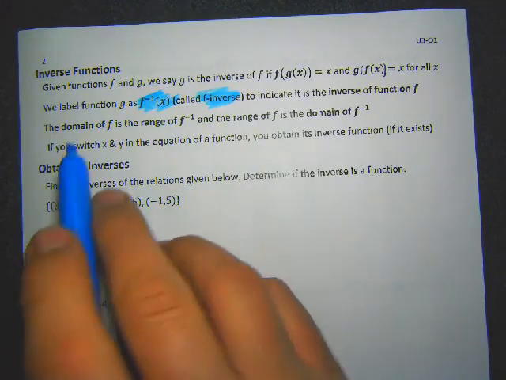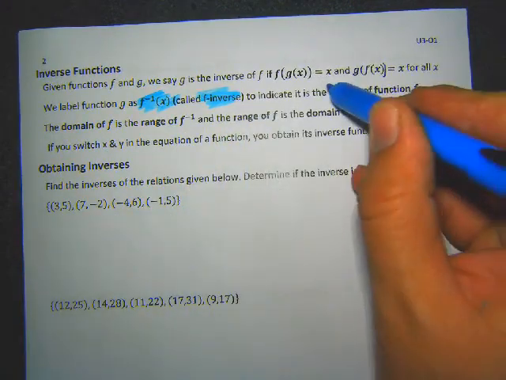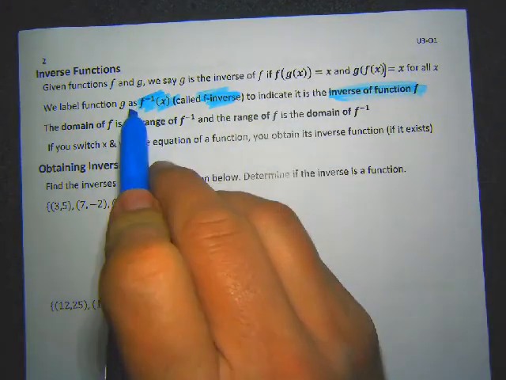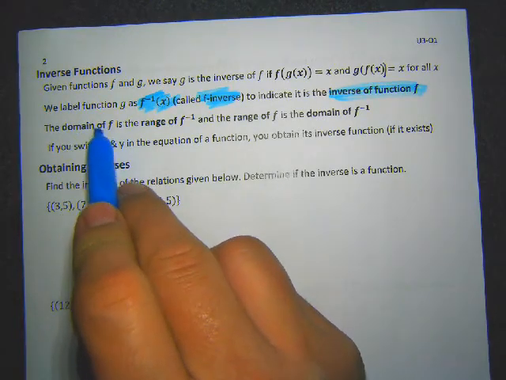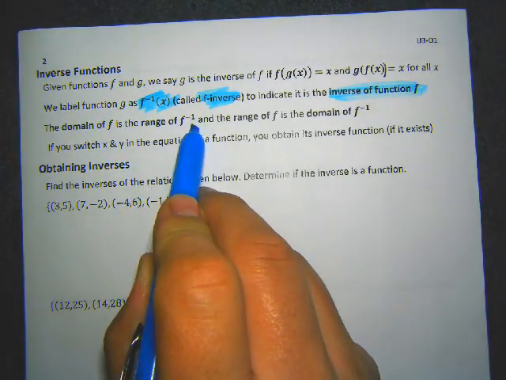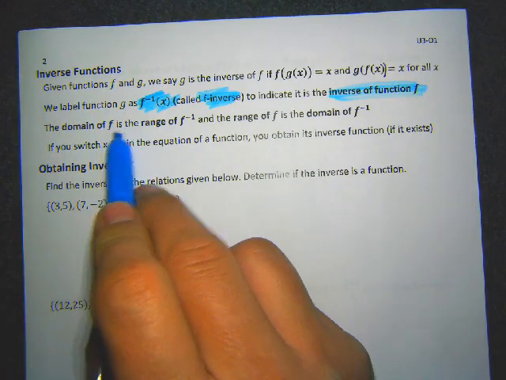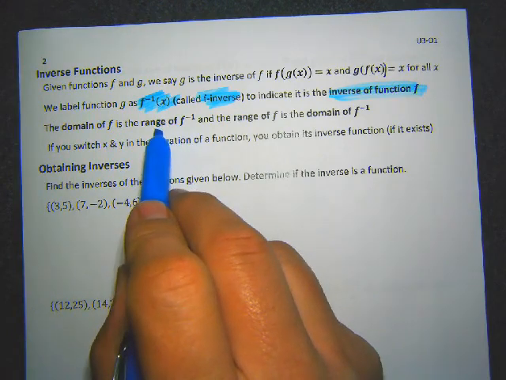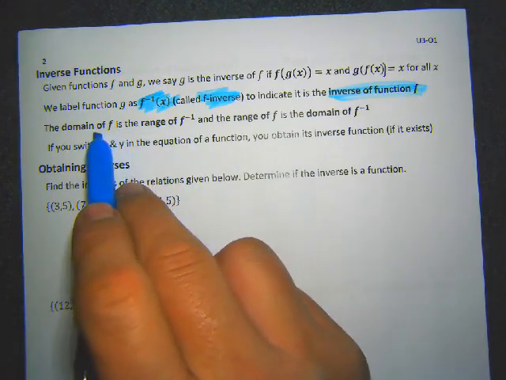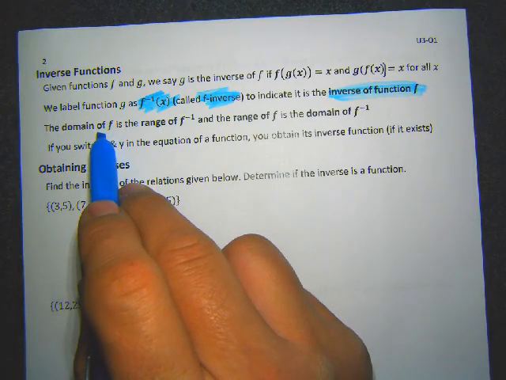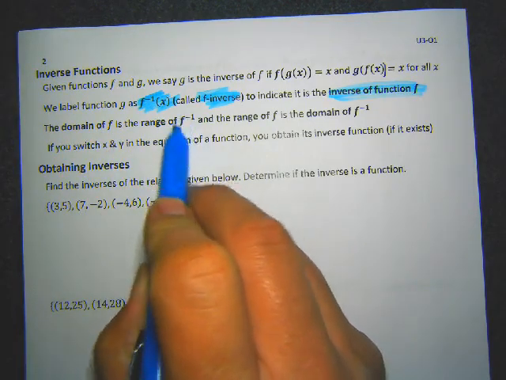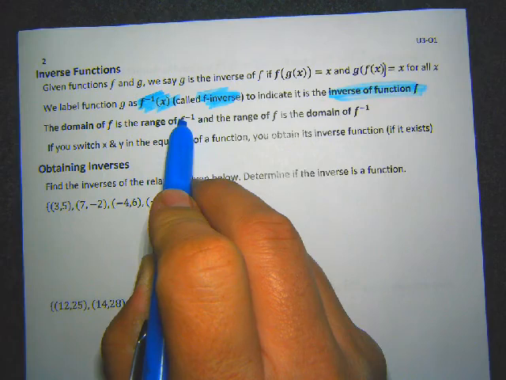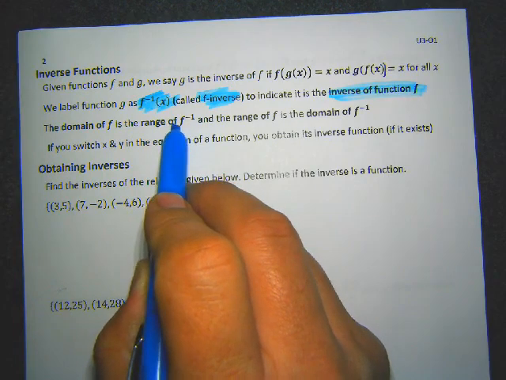Important thing to note about these inverse functions, f and f inverse, is that the domain of f is the range of f inverse. Remember, the domain is the x values and the range is the y values. So f starts at the x values and gives you the y results. So the inverse function has the opposite domain and range.